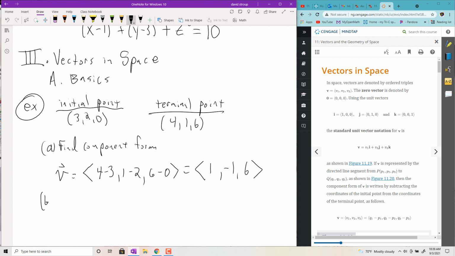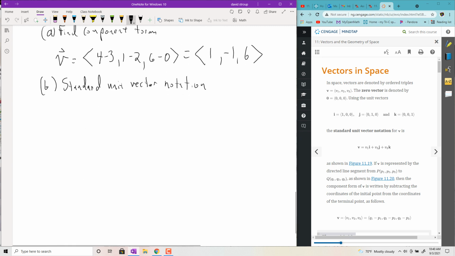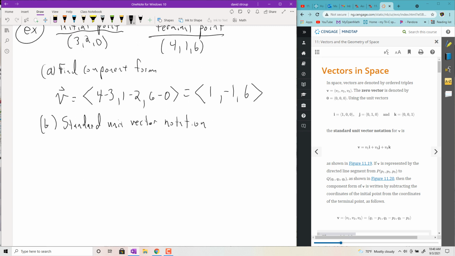We could also put it in our standard unit vector notation, which is the i, j, k notation now. So the vector i, instead of just 1, 0, is 1, 0, 0. The vector j, instead of 0, 1, is 0, 1, 0.